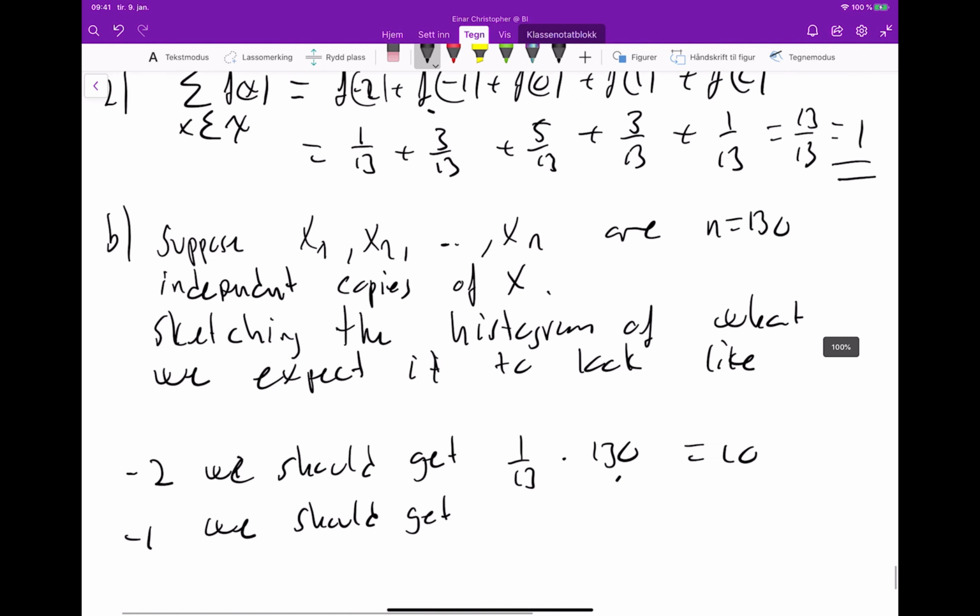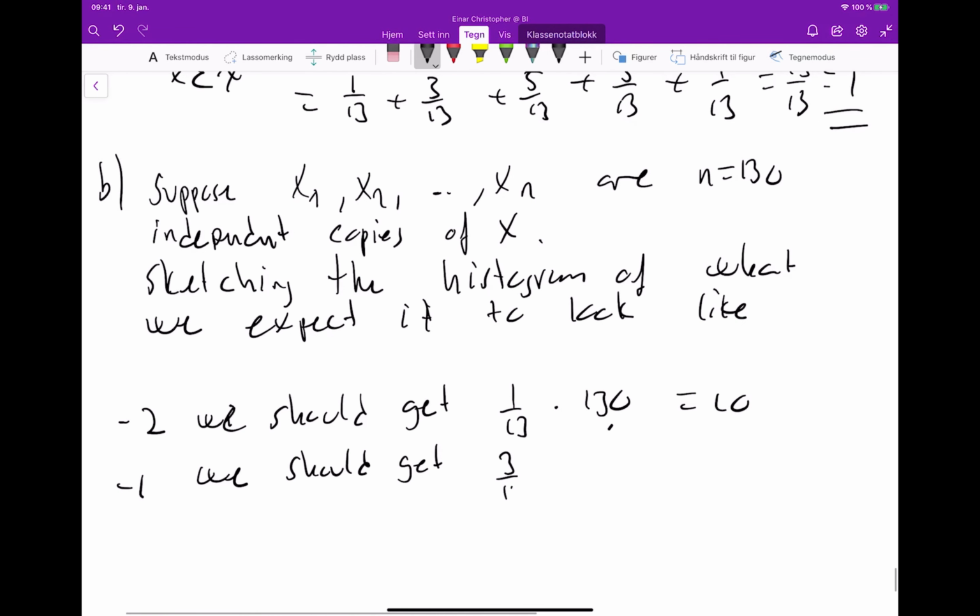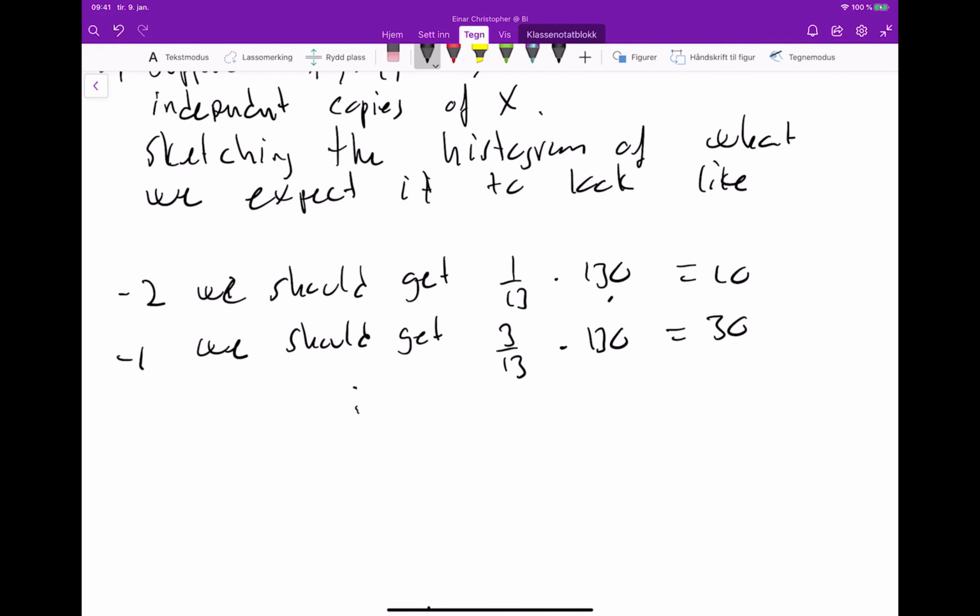That was 3 divided on 13. 3 divided on 13 times 130, which is 30. And so on. So then we'll expect for 2 we should get 1 divided on 13 times 130 equal 10.